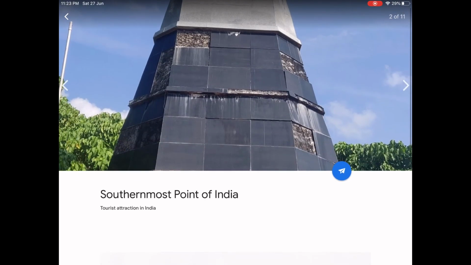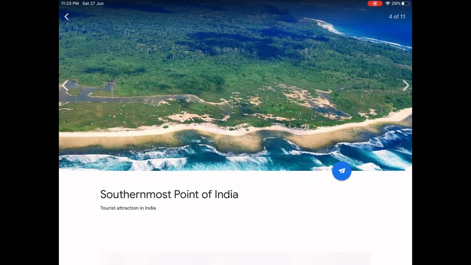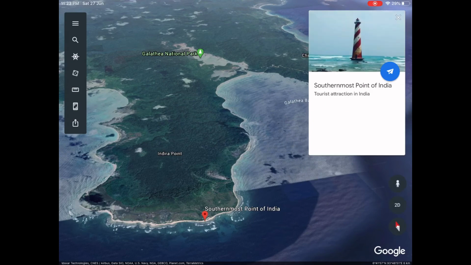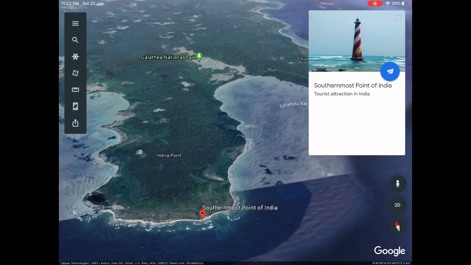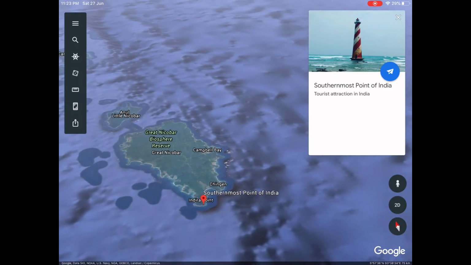So it is in the ocean. In this picture, this is Indira Point, the southernmost point of India, in Great Andaman.